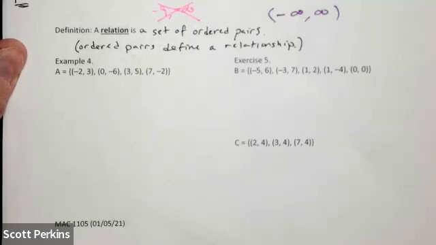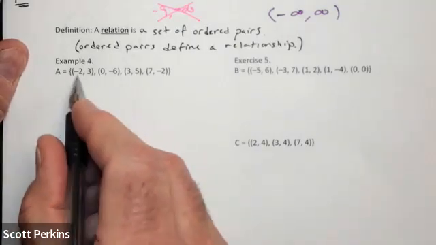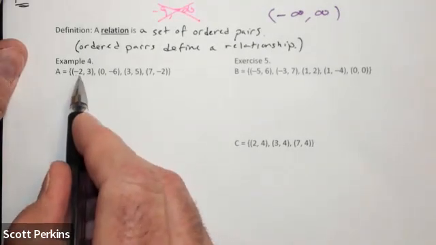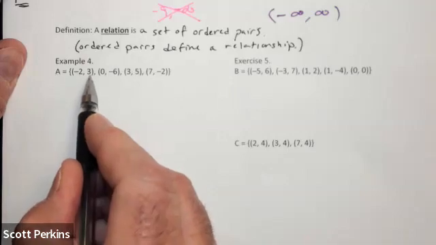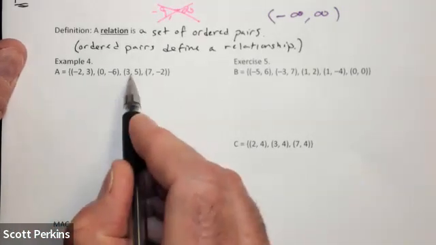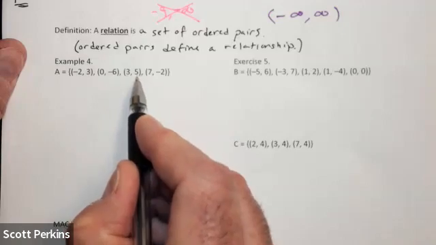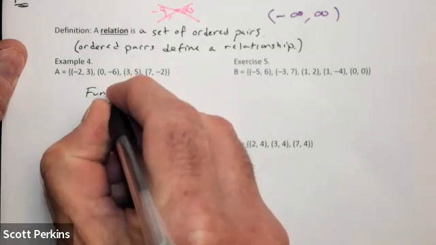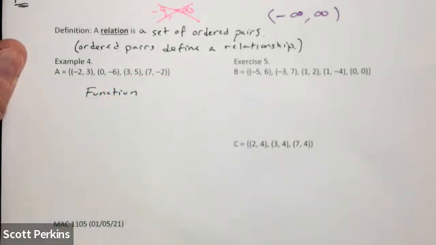It's a function. Why are you saying that? Each x occurs one time. And what that means is that x, this -2, has exactly one y value, and it's 3. This 0 has exactly one y value, it's -6. 3 has exactly 1, it's 5. And finally, 7 has exactly 1, that's -2. So you are right, great job. That is indeed a function.